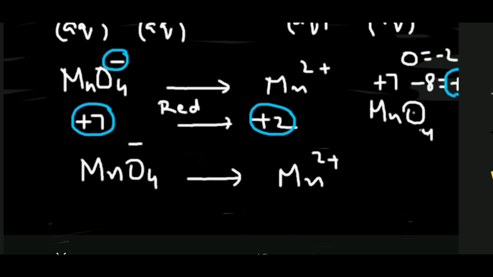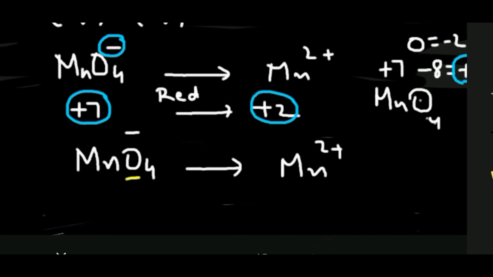In order to balance the oxygen atoms, we have to add 4 water molecules according to the number of oxygen atoms. So on the product side we will add 4 water molecules in order to balance the oxygen on the reactant side.